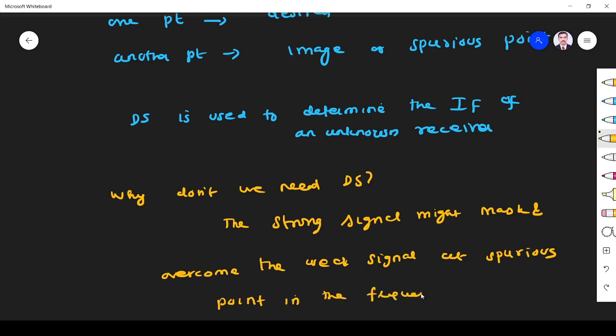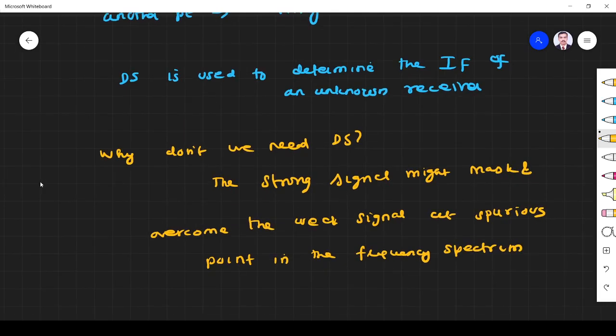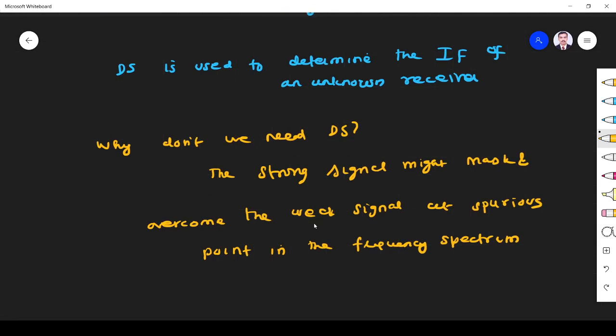So the weak signal will be suppressed, and only the strong signal will be received. Even though our required signal is a weak signal, it will be suppressed by the strong signal. So this is the main problem with double spotting.